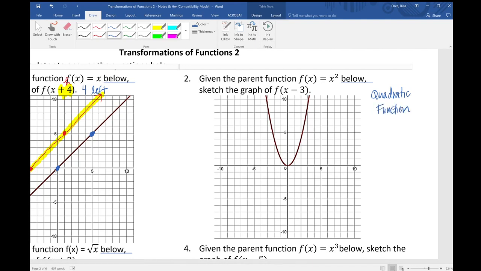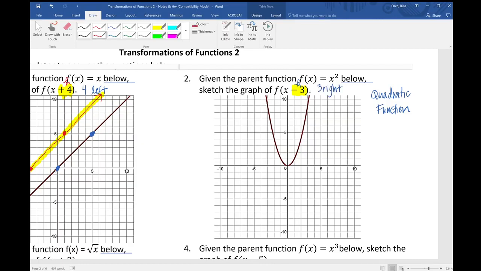So we want to sketch the graph of f(x - 3). We have the minus 3 that's inside of the parentheses. That's our h value. And remember, with h, we're going to do the opposite of what we see. Instead of going 3 units to the left, we're going to go 3 units to the right.